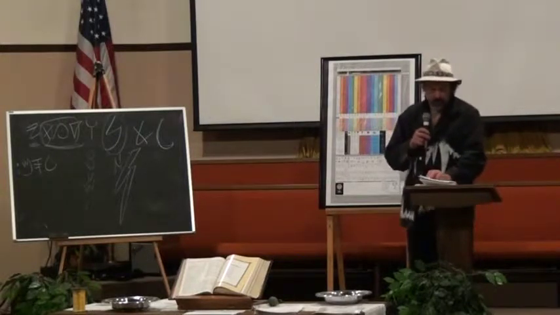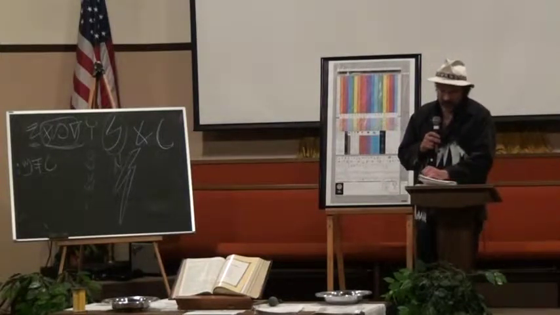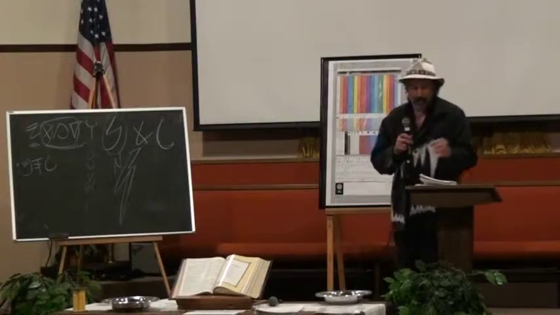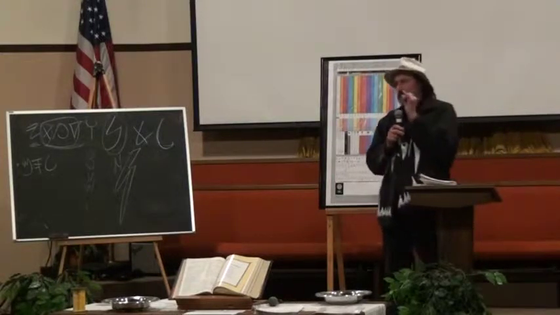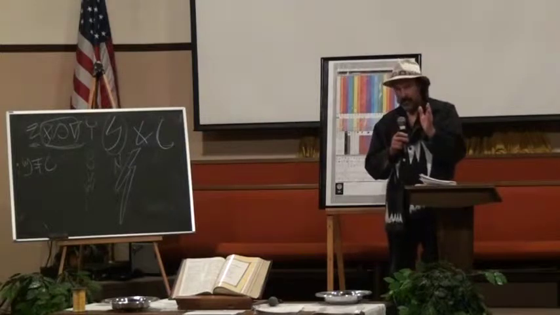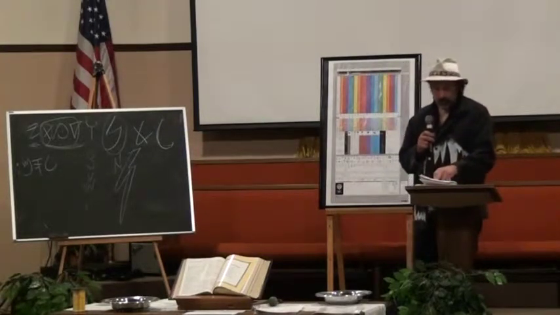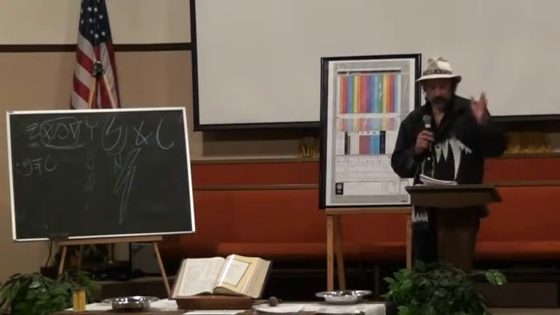Here's another interesting thing. Go to Genesis 18:19, and it says, Yahweh speaking of Abraham, and he says, because I have loved him, therefore, and then he says what he's going to do to bless him.